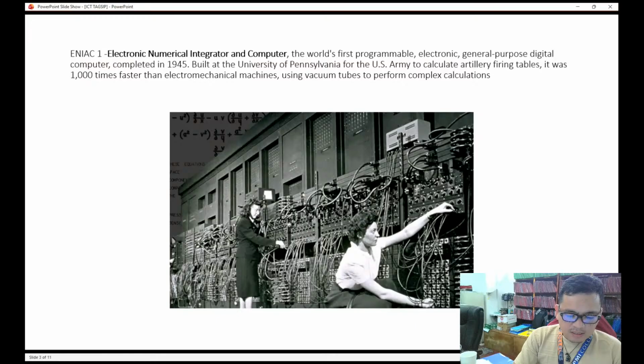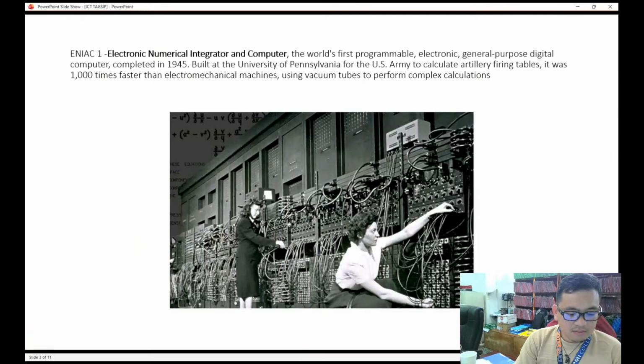ENIAC 1 was developed in the United States, and it was one of the first large electronic computers. It's a big computer as shown in the pictures. As I researched, ENIAC needed two or more people to operate it and show the calculations and numbers.